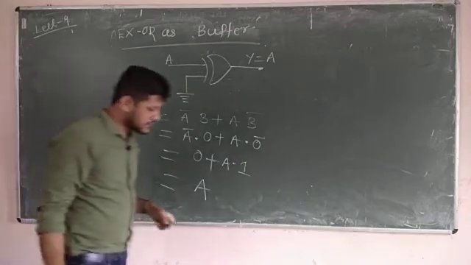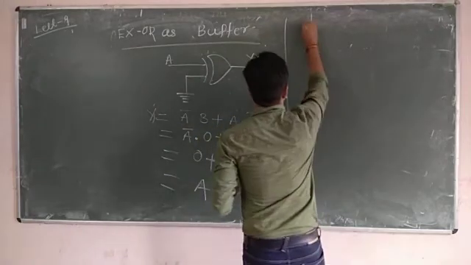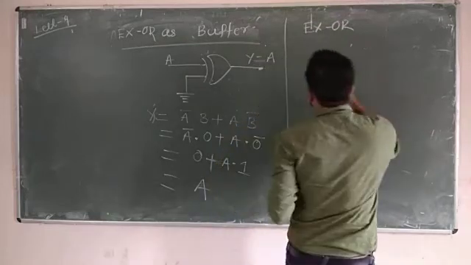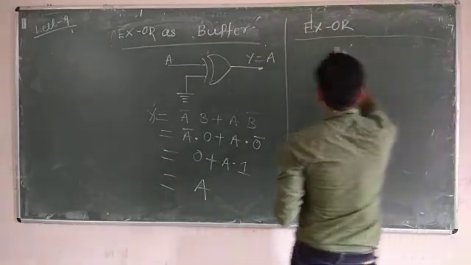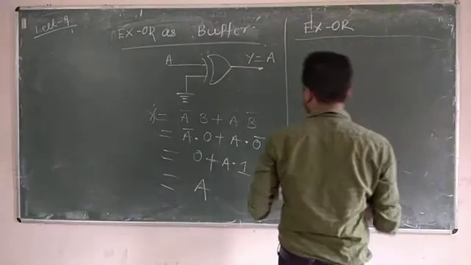The next case I am going to teach you. These are a few applications. Mostly these questions they won't ask in semester examination, but in any competitive examination you will find this type of MCQ based question.